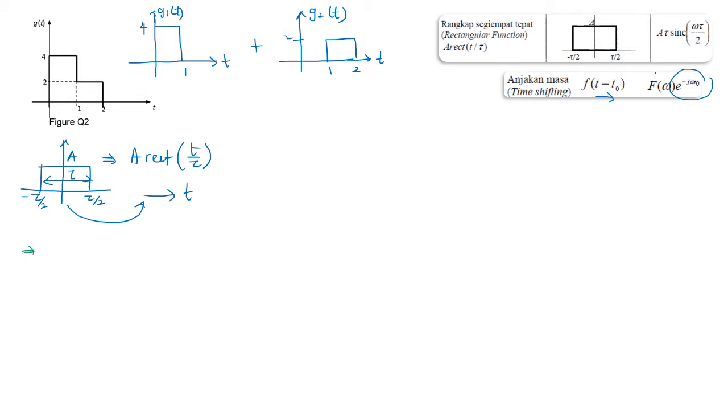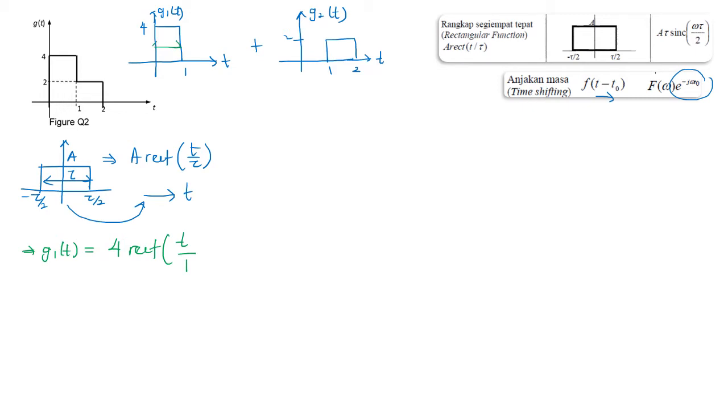Okay, so let's start writing the g1(t) equation. g1(t) equals A, the magnitude, rect(t over tau). The tau is 1, the width is 1.